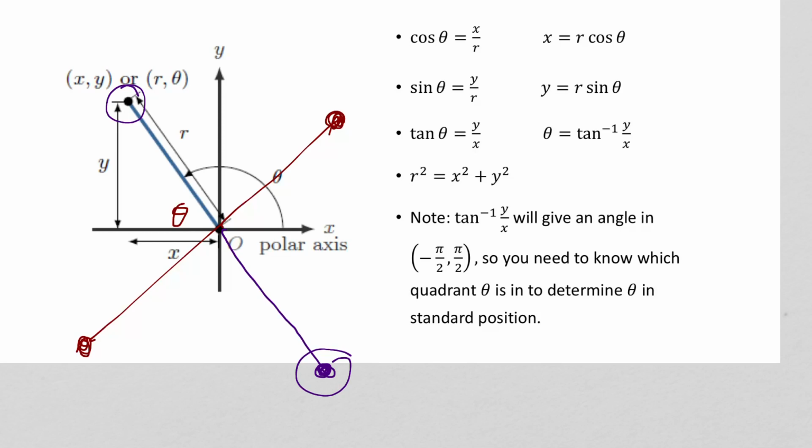So your inverse tangent function will only give you either this value or this value. So you would have to know whether you're in one of the other two quadrants to make sure that you were able to define your angle theta properly when you were converting to polar coordinates. All right, so we're going to have to practice some of that in some of the other examples.